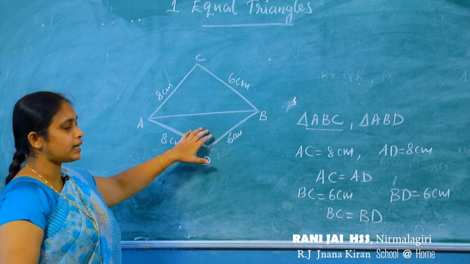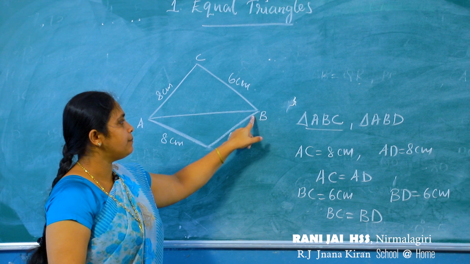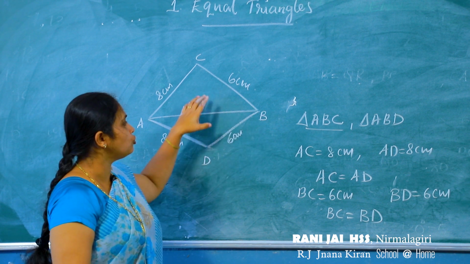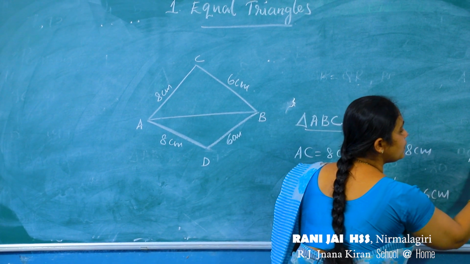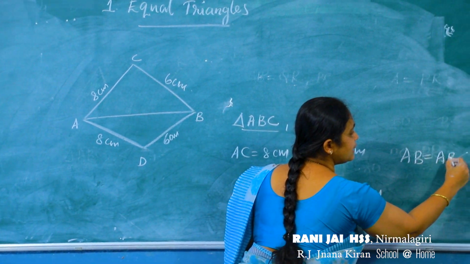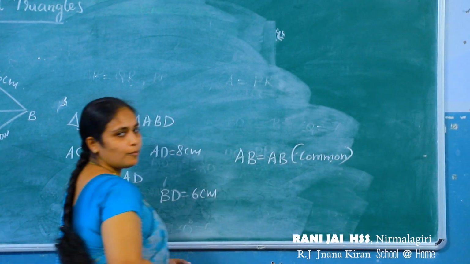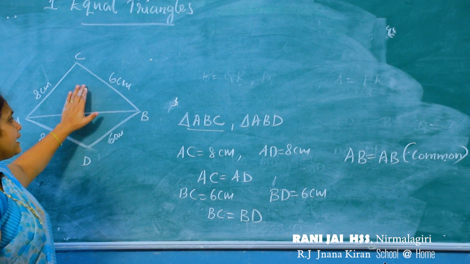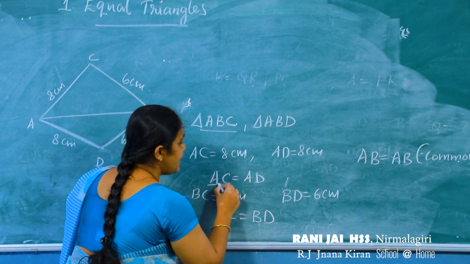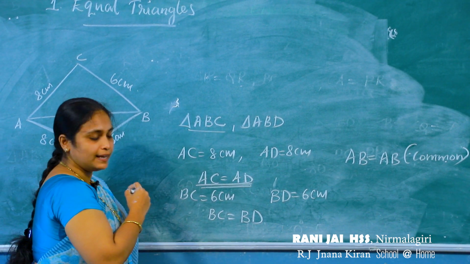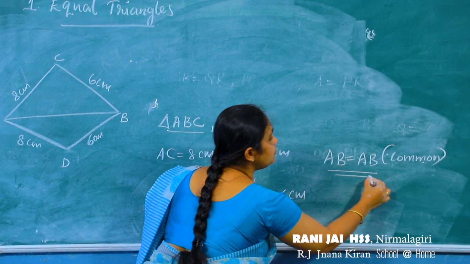Now in these two triangles, one side is common. What side? AB. AB is common to both triangles, so AB equals AB.